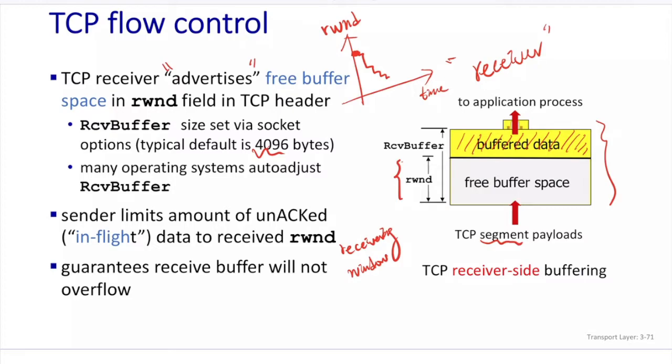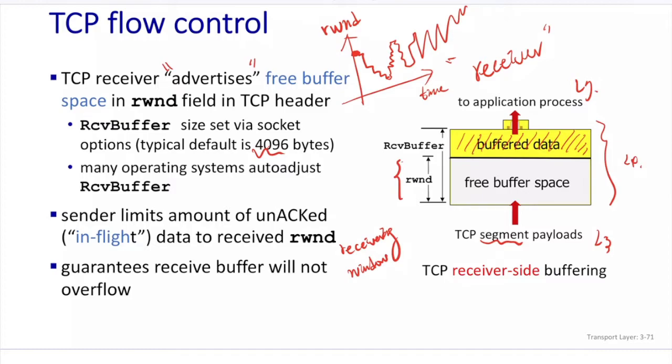But at some moment, those buffered data will be passed to the application process at layer 7, so the receiving window goes back to a larger number, and goes down, goes larger, goes down, goes larger. So the sender can keep monitoring the receiving window to understand the current free buffer space of the receiver.